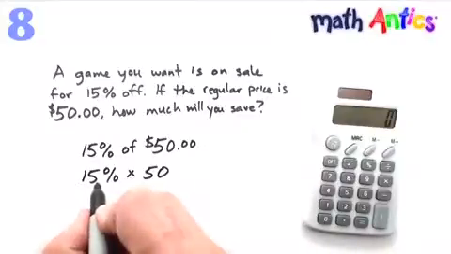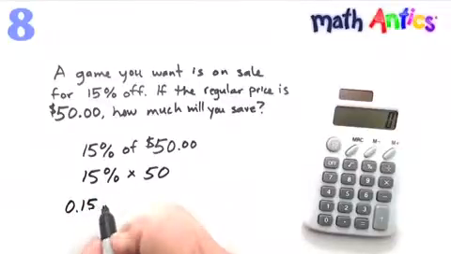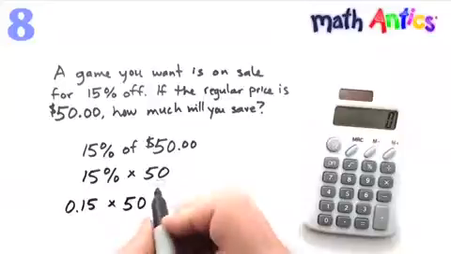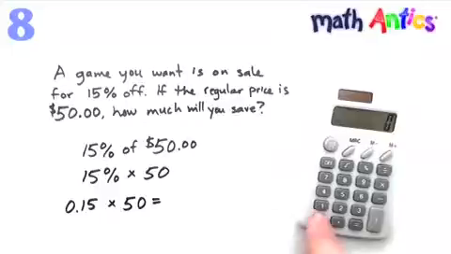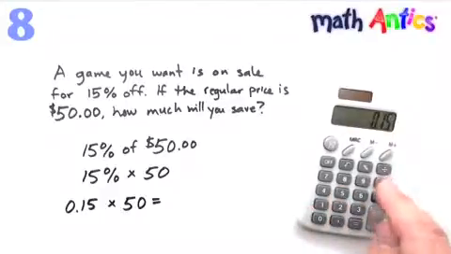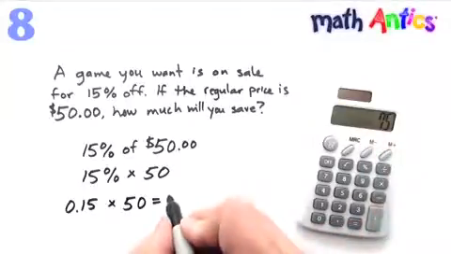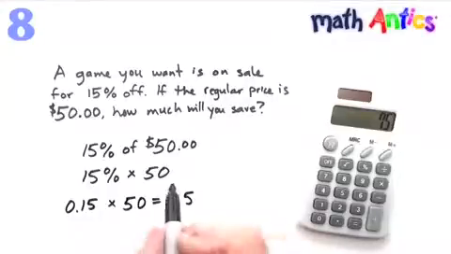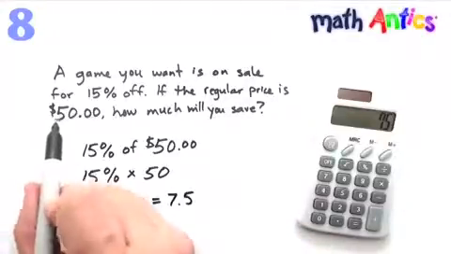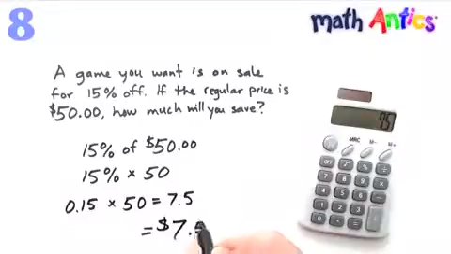Move the decimal point 2 digits to the left, starting with a 0, 0.15 times 50 equals 7.5. It seems like this is our final answer, but we're talking about dollars and cents here. So the amount we'll save is $7.50.